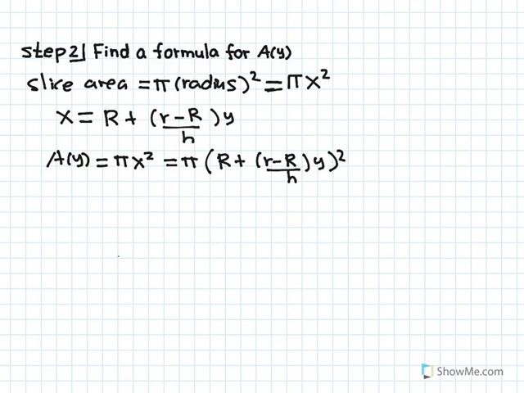Now that we have found the area slice A of y, this will form the integrand of the volume formula. The volume formula for the slicing technique is volume is the integral from c to d. In this case, we're integrating with respect to y because we're adding up the cross-sectional slices in the y direction, so A of y dy.